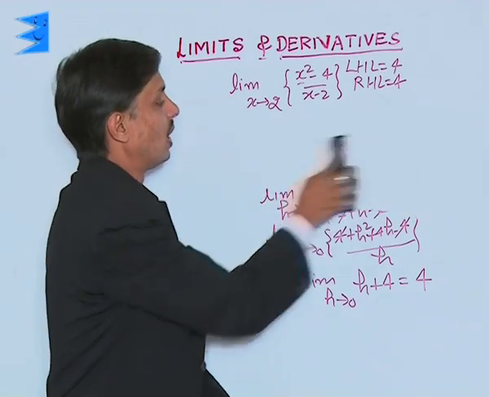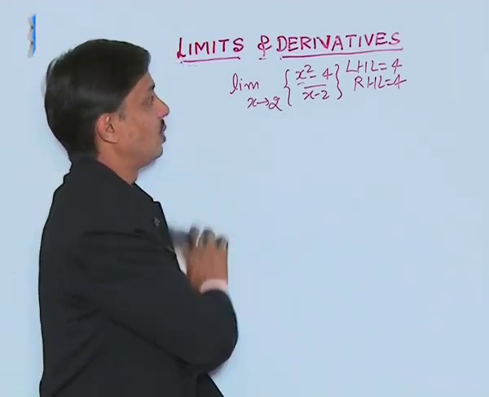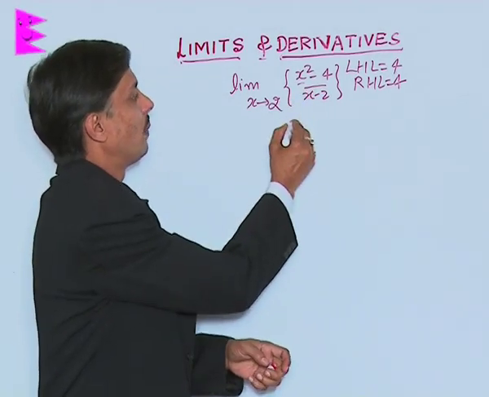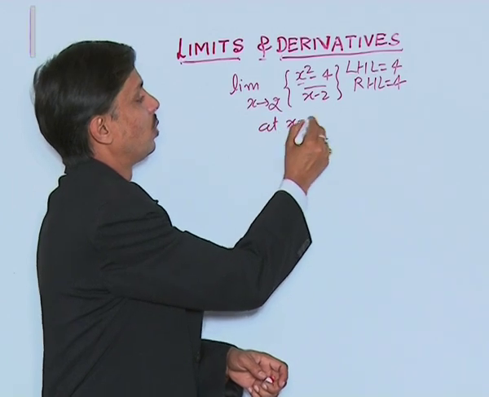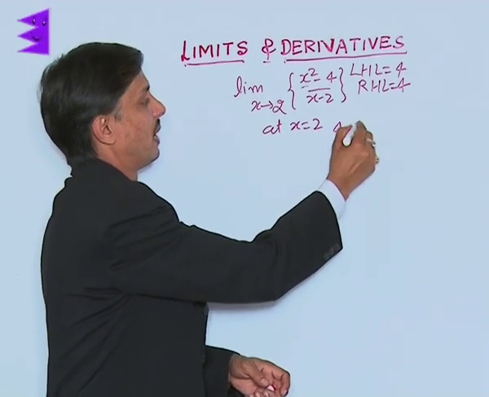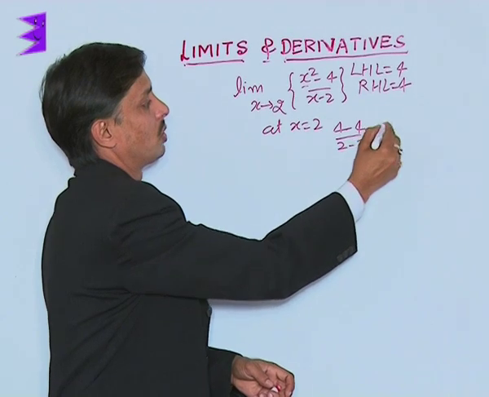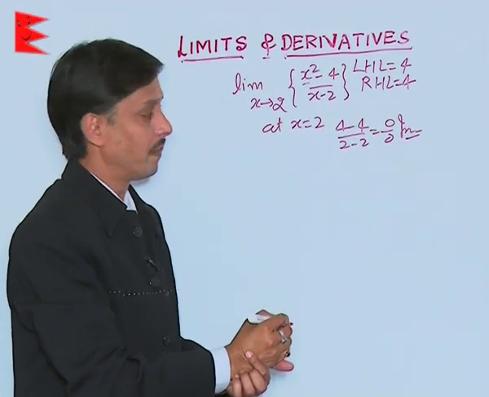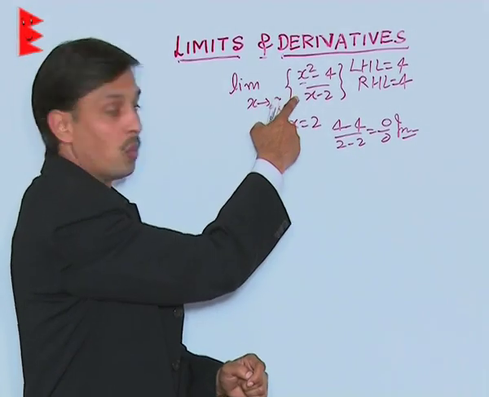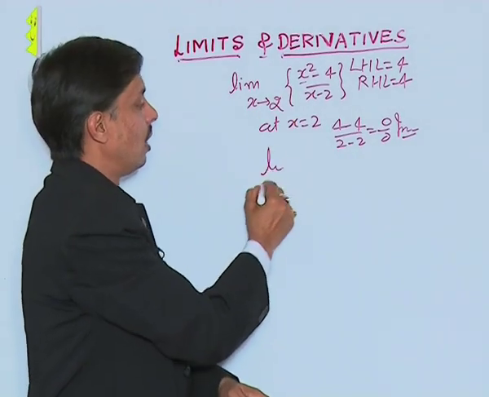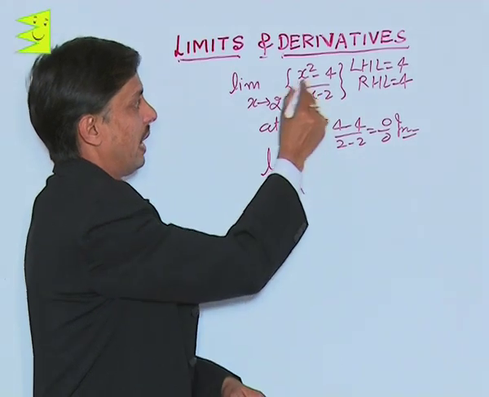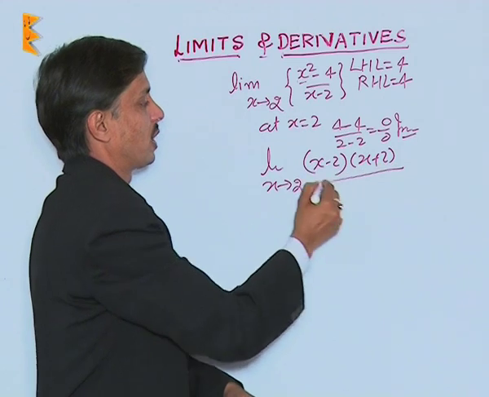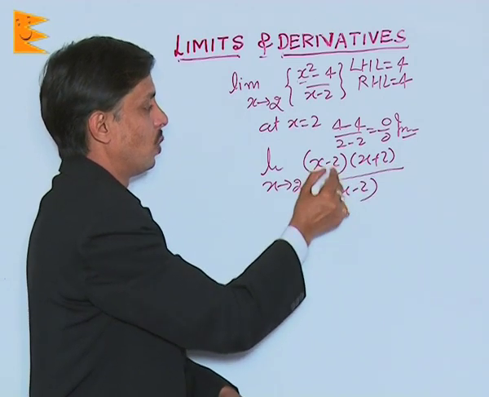What is the value of the function at x equals 2? If we put x equals 2, we find the answer is 4 minus 4 upon 2 minus 2, 0 upon 0, which is indeterminate form. Now we can do one more thing, that is limit x tending to 2, x square minus 4 can be written as x minus 2 into x plus 2 divided by x minus 2.